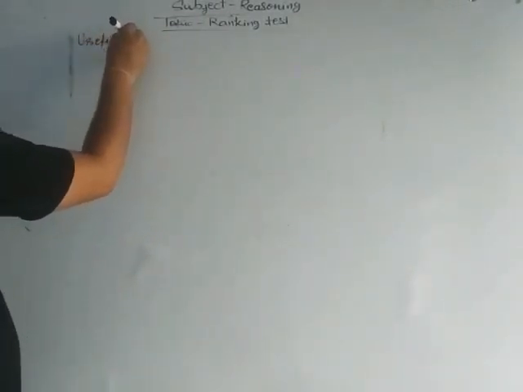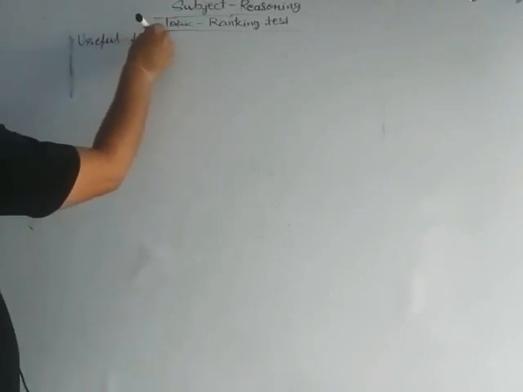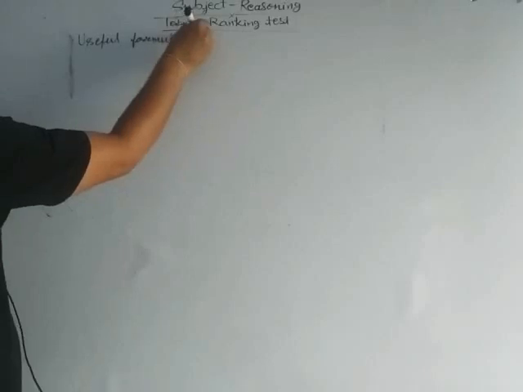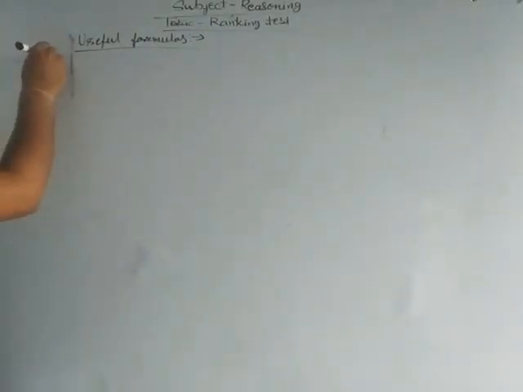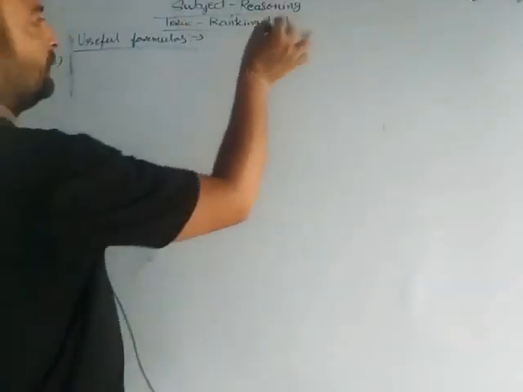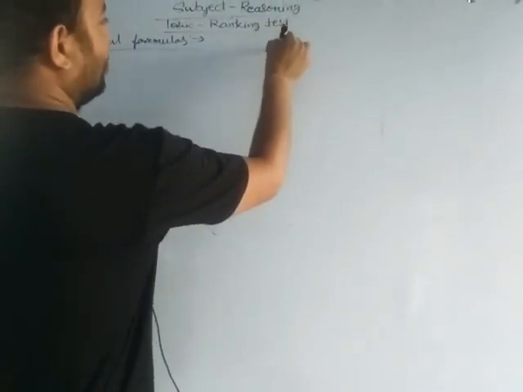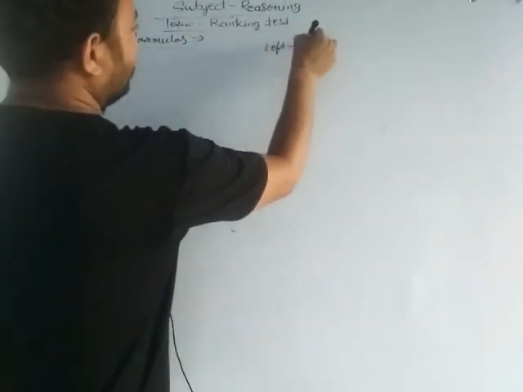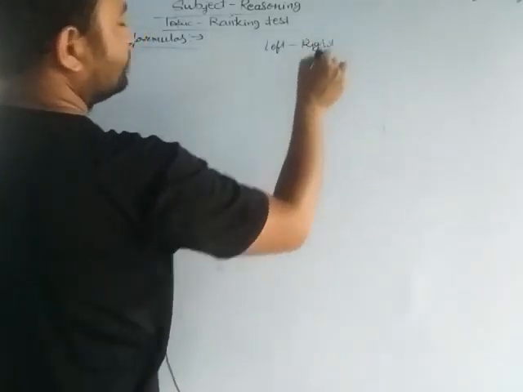So, start: useful formulas. Okay, students. Before the first formula for ranking test, do you know the ends of a row? Like left and right, ends of a row.